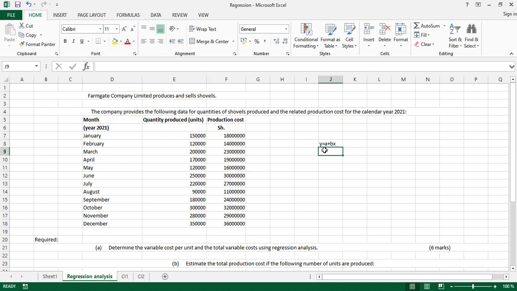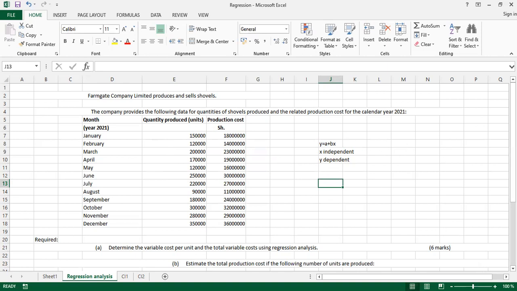So our x will be independent, and our y will be the dependent because it depends on x. So here, our y will be our production cost, and our x will be the quantity produced. You must know that before we start, and this equation.